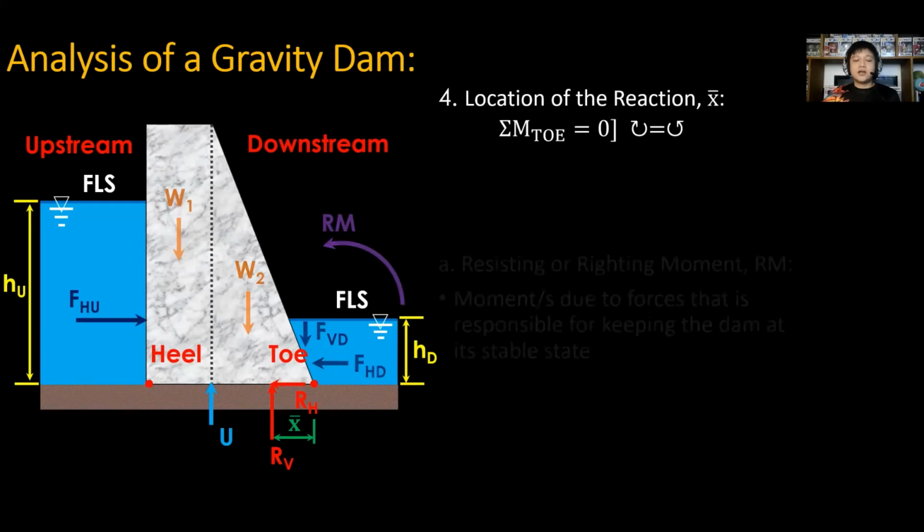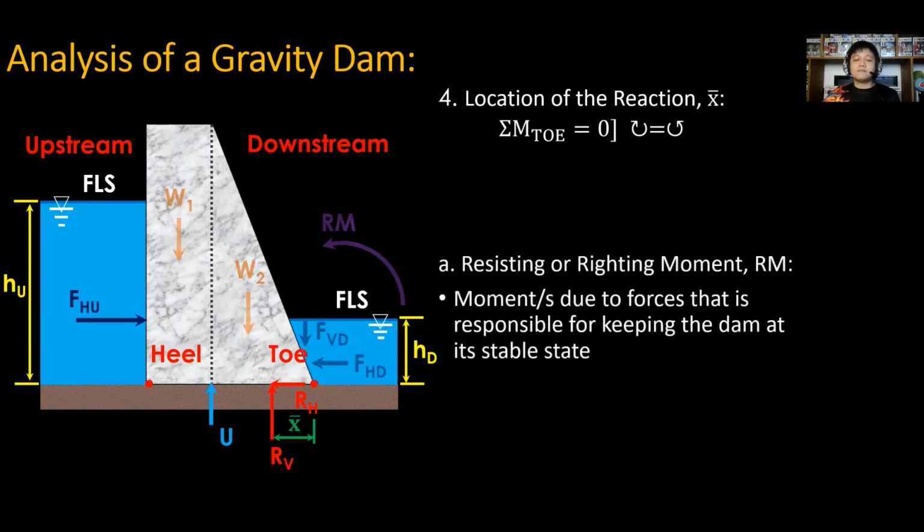Therefore, for resisting or righting moment, these are moments due to forces that are responsible for keeping the dam at its stable state. Examples are weight of the dam, hydrostatic forces at the downstream side, and in addition, if we have a vertical component force at the upstream side.